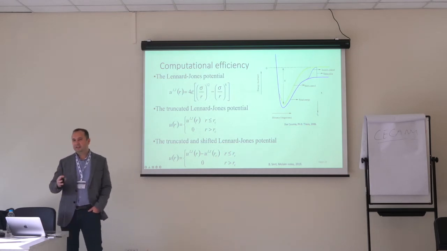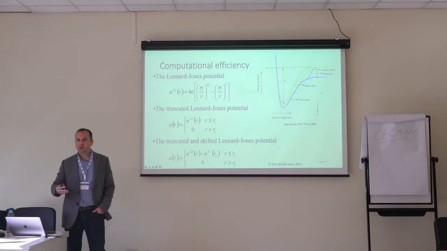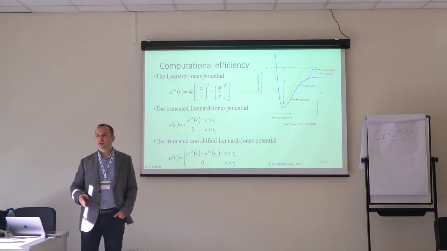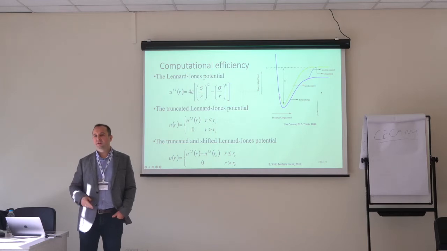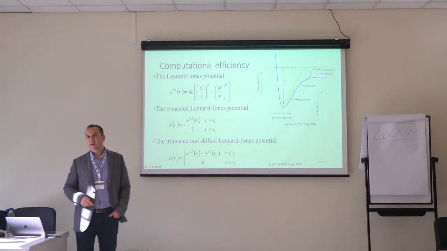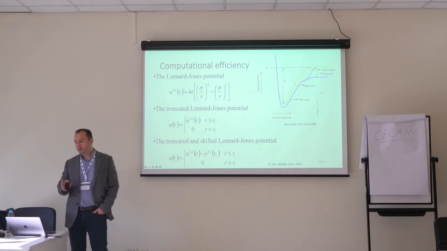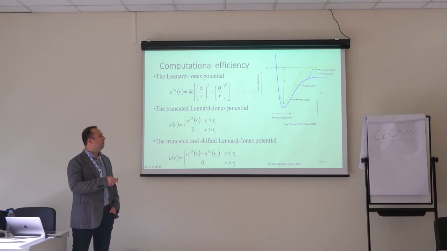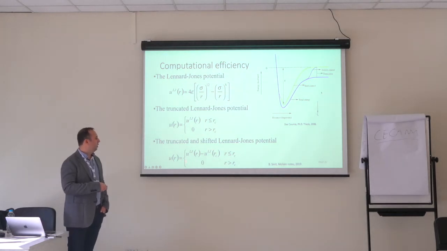If you really would like to model the collisions, then you don't need to cut the force that is exerted on a particle, or the interaction between particles, instantaneously or right away. You need to treat it smoothly. You can make a smoothing potential, but what is mostly employed is the truncated and shifted Lennard-Jones potential.